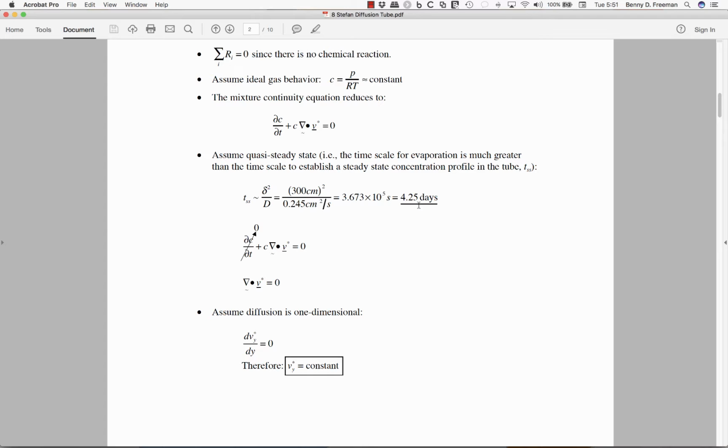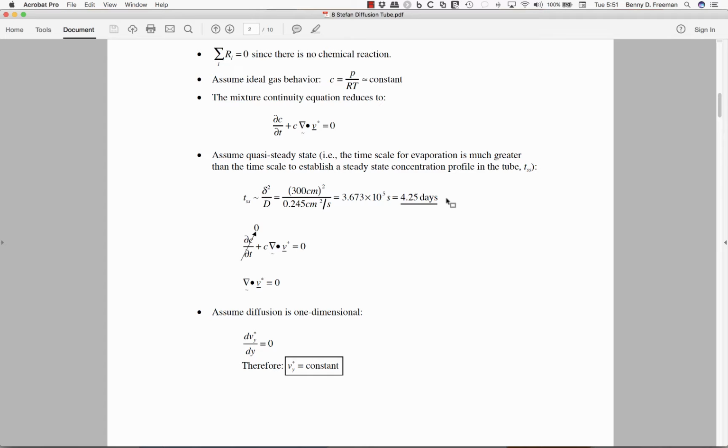It's going to turn out that this is just a minuscule amount of the time that it takes to actually evaporate all of the water, and it is that large separation in time scales. This is essentially instantaneously fast relative to the time scale to evaporate all the water out of the tube.